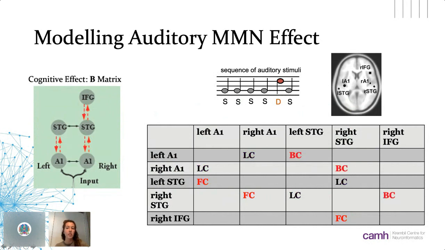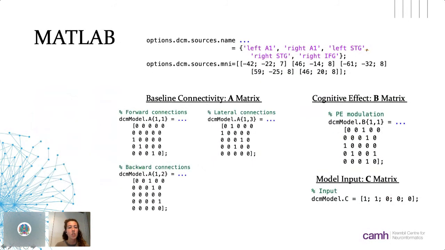And then it's with our B matrix that we want to model the connections we believe are modulated by our experiment. So again, these are the ones shown in red here. And just to show how this would look in Matlab, at the top here, we just have our source names, so left A1, right A1, etc., as well as the MNI coordinates for where these are. We've got our A matrices here, so our forward connections, backward connections, and lateral connections defined with the ones. We have our B matrix, again with the ones defining these connections we believe are modulated, and our C matrix.